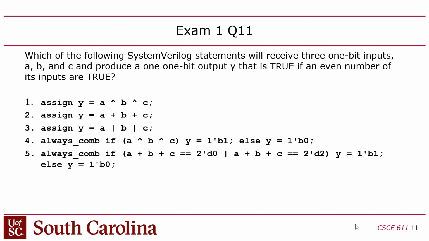So it's not 1, it's 2, which adds A, B, and C. If Y is only 1 bit, then if an even number of the inputs are 1, an even number would just be 0 or 2, right? So if they're all 0, or if the sum of these 3 is 2, then Y will be 0, right? So that doesn't work.